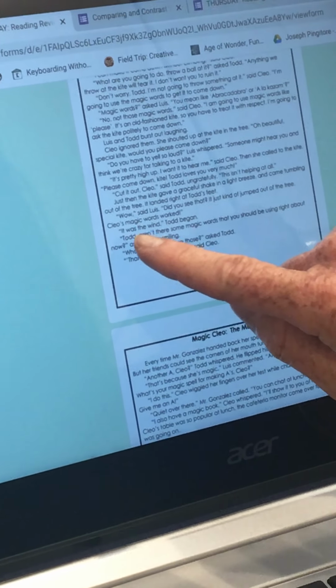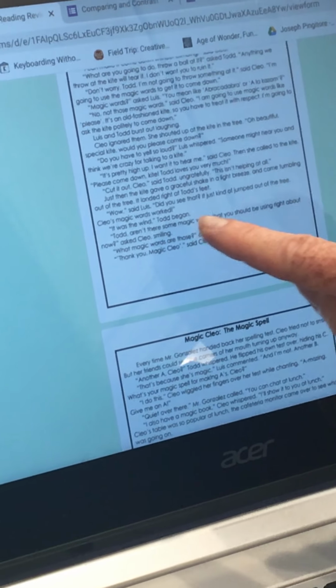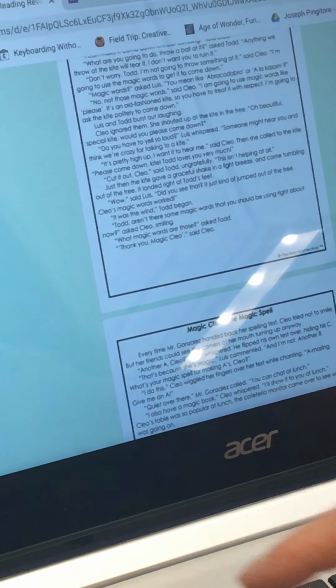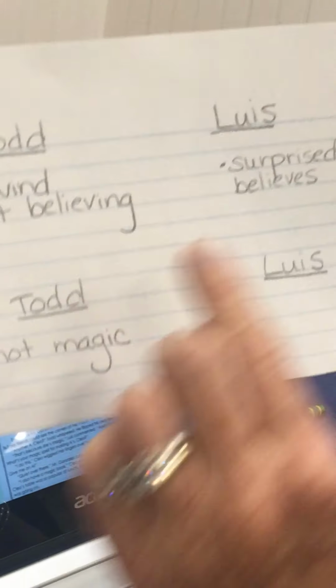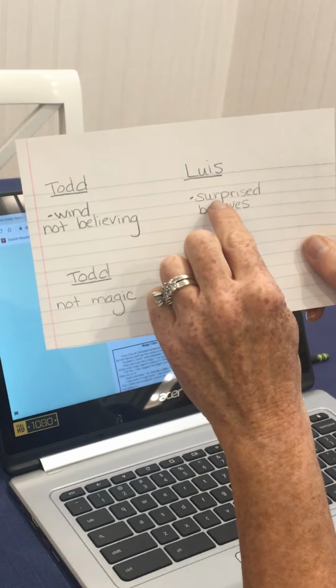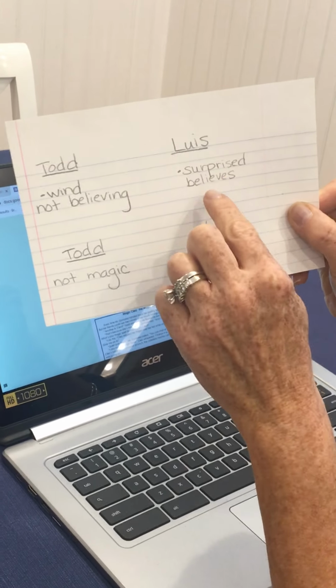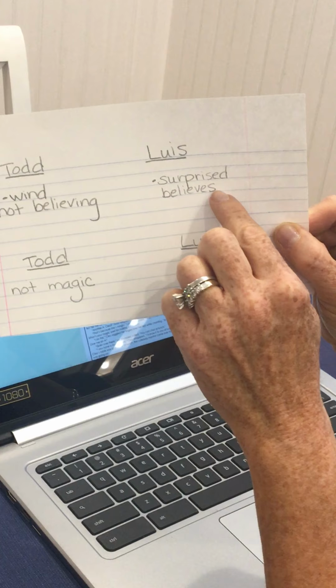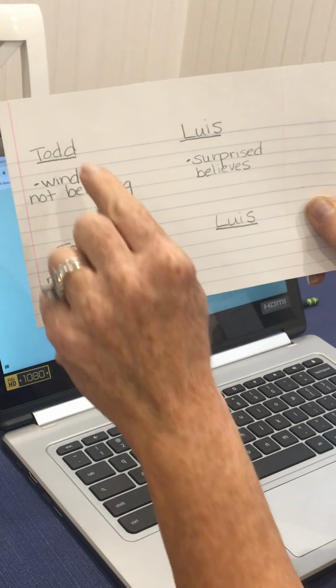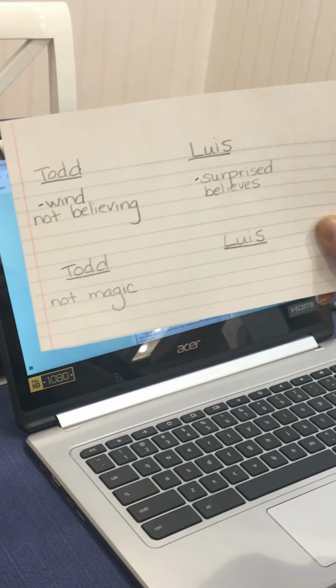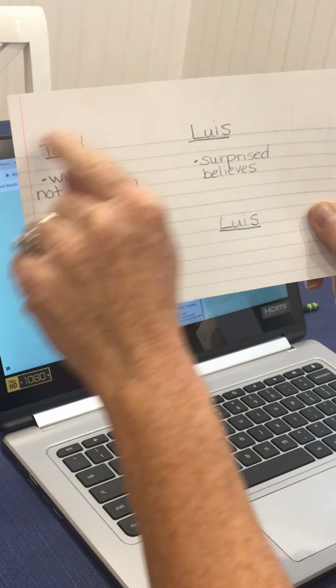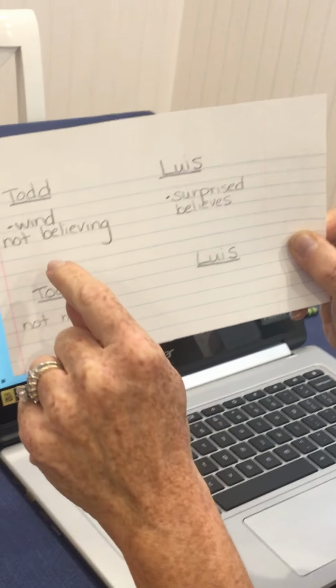But Todd says, "It was the wind," Todd began. So, boys and girls, let's take a look at that. It looks like Lewis is surprised there when he says, "wow," and Lewis believes Cleo's magic, whereas Todd is really not believing. He thinks it's just the wind, okay?